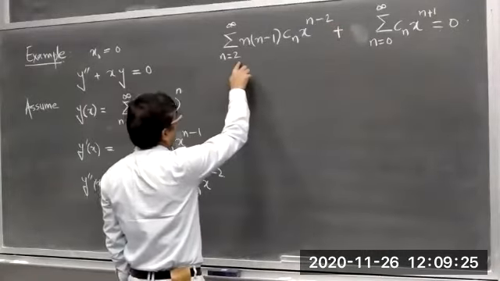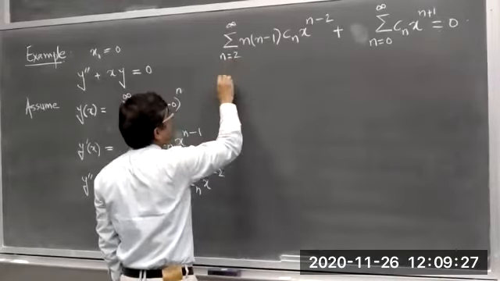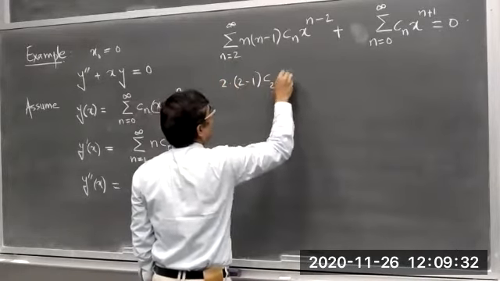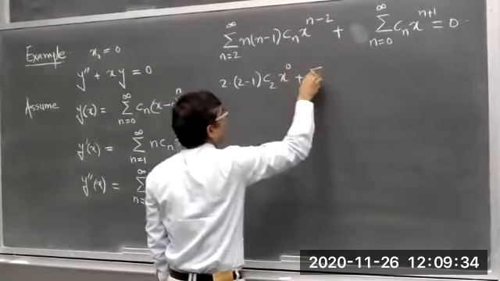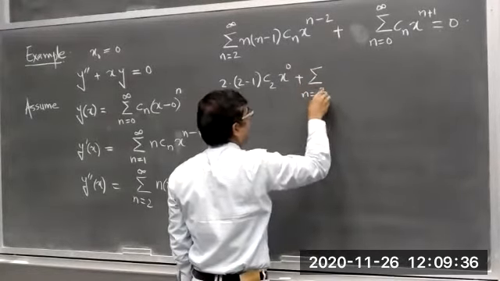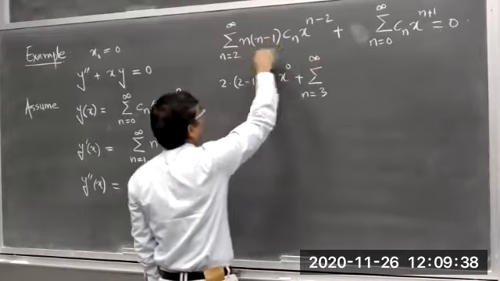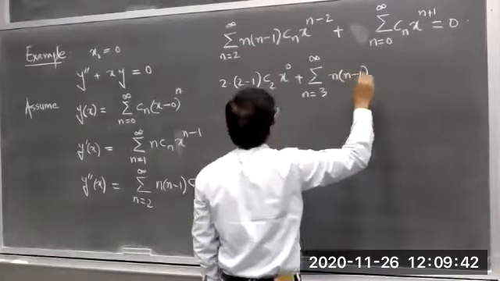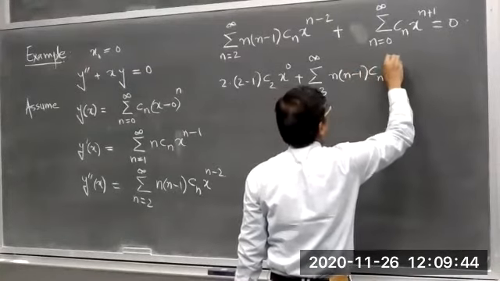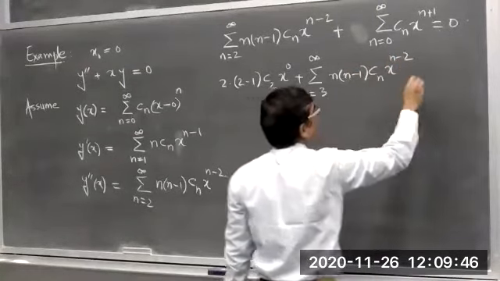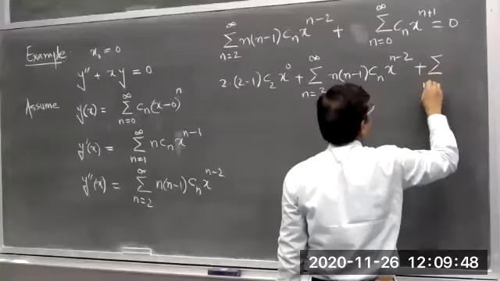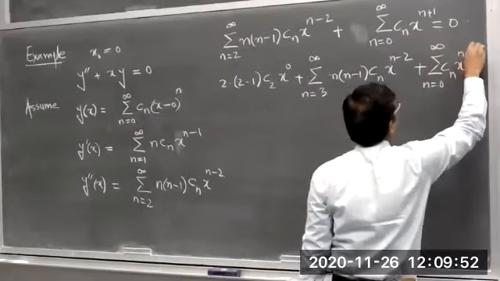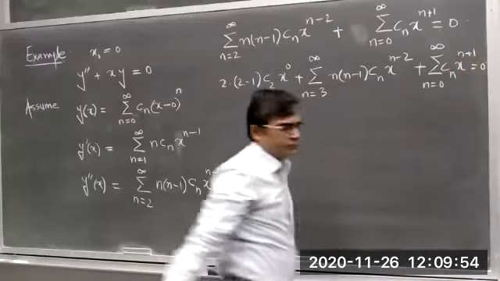So if we put here n equal to 2, what do we get? 2 into (2 minus 1) c2 x power 0 plus summation n from now 3 to infinity. We have opened only the first term. It is now n into n minus 1 cn x raised to power n minus 2 plus summation n from 0 to infinity cn x raised to power n plus 1 equal to 0.